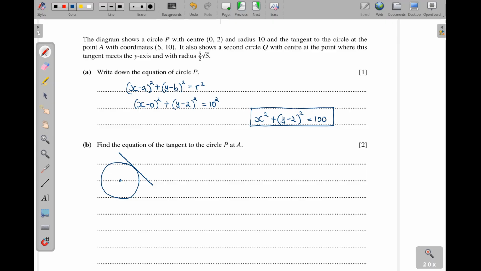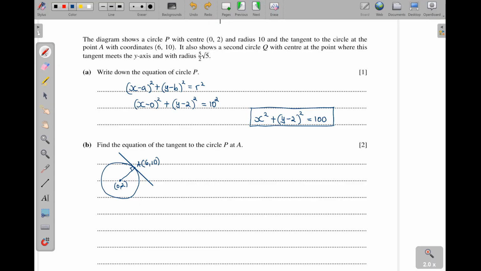So, if this is the point A, which is (6, 10), then the tangent here is perpendicular to the radius. The center is (0, 2). That means I can use these two points to find m1. Then using the principle of perpendicular lines, m1 m2 = -1.